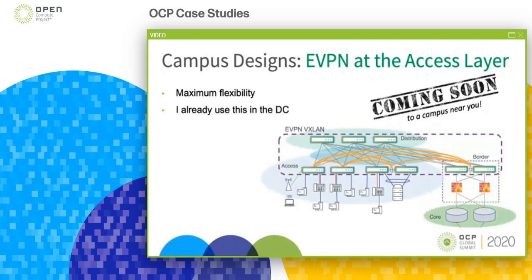Our most forward-looking customers are transitioning completely to a pure Clos leaf spine type design, where the leaf spine architecture is used to interconnect the distribution and the access layers based on the EVPN principles, and EVPN VXLAN is also used to connect from the spine layer to the border leaves.